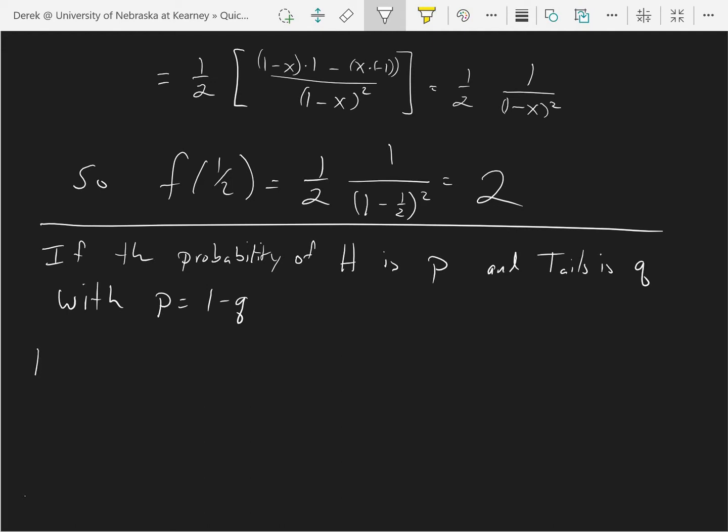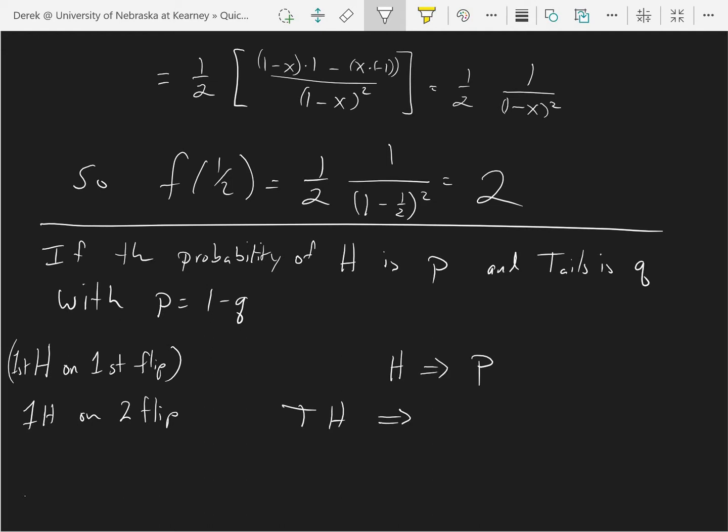And then first heads on first flip has probability, well, I just need a heads, equals P. First heads on second flip, it would go tails heads, and that would give me a probability of Q times P.